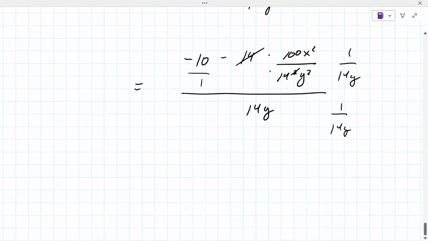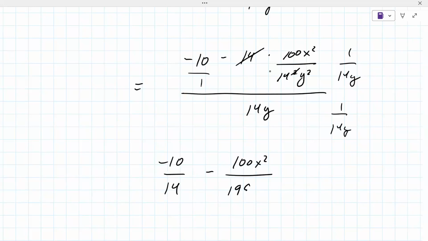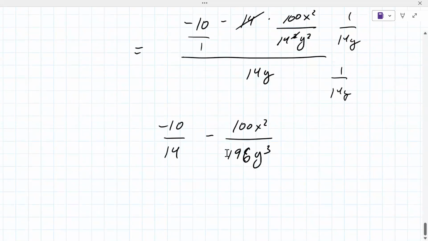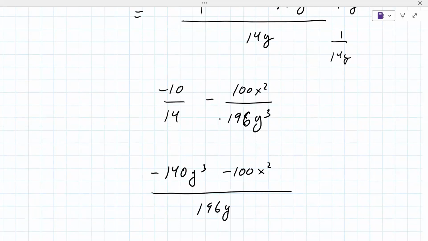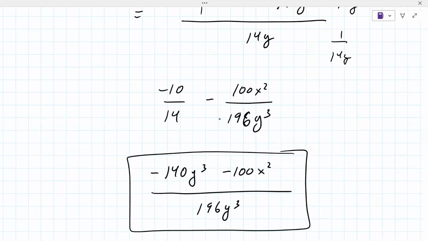So this ends up being minus 10 over 14 minus 100x squared over 196y cubed. And then if we were to make a common denominator, 14y cubed, you'd get minus 140y cubed minus 100x squared over 196y cubed. That's your final answer.